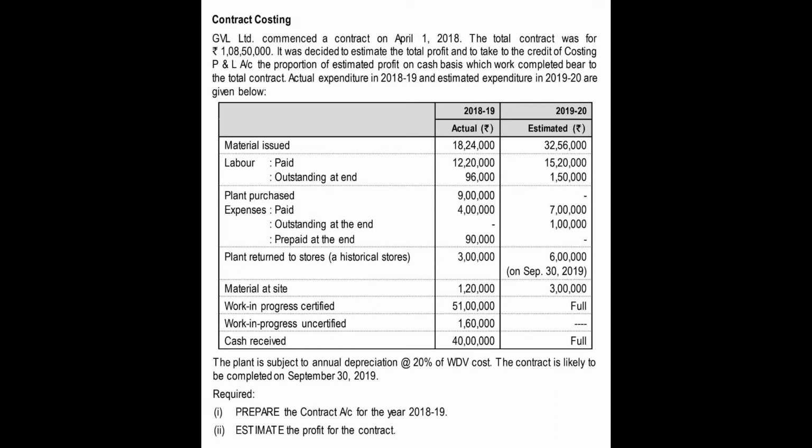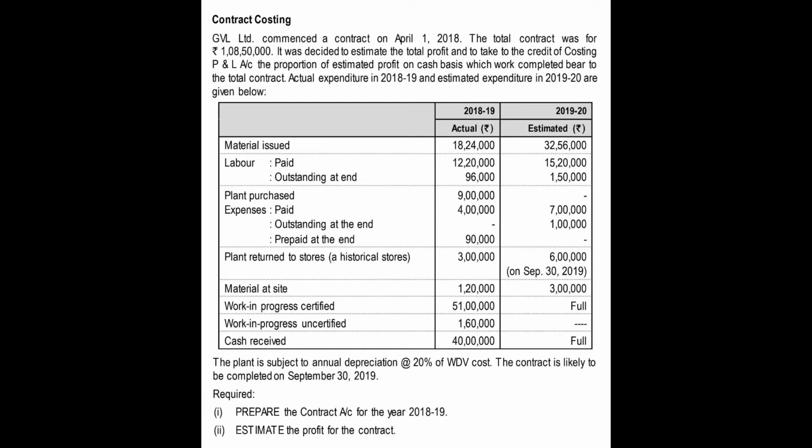Plant returned to store, historical cost rupees 3 lakh and 6 lakh on 30th September 2019. Material at site rupees 1,20,000 and 3 lakhs. Work in progress certified is 51 lakhs and full. Work in progress uncertified is 1,60,000 and nil.